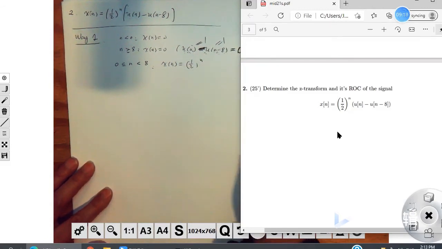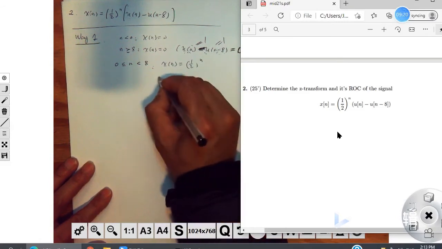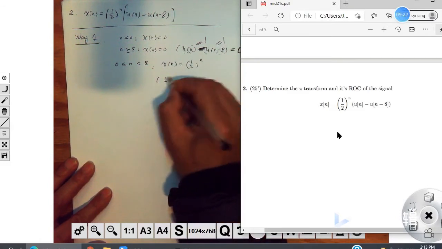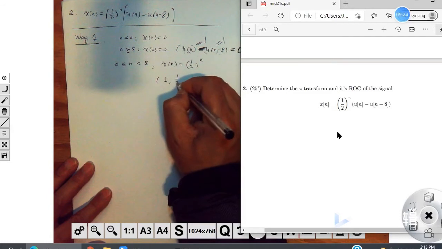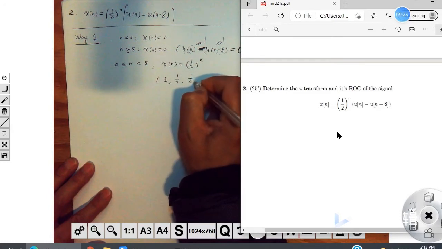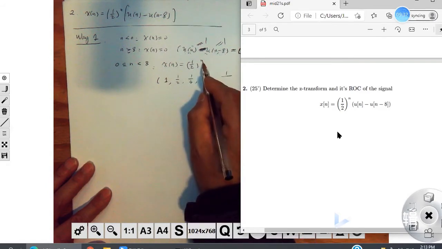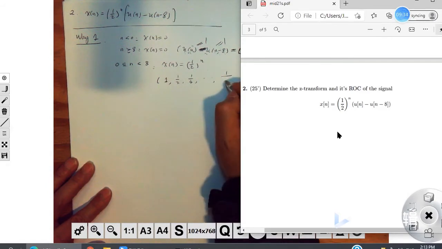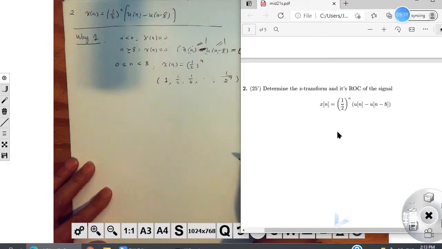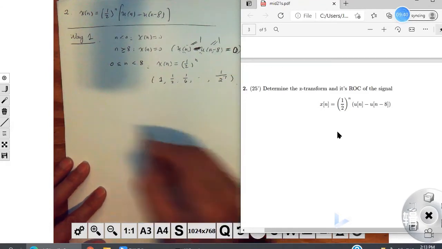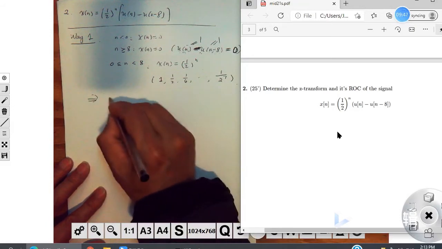So we can list it like this: n equals 0 is 1, then 1/2, 1/4, until 1/2 to the 7th, n is 7, right? Then you can have X of z just by definition.